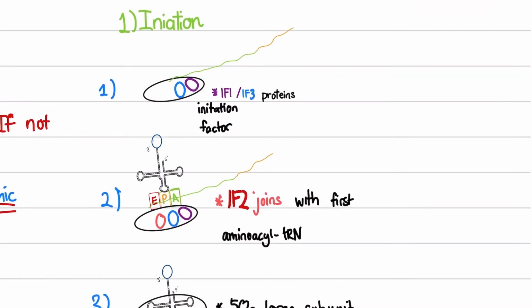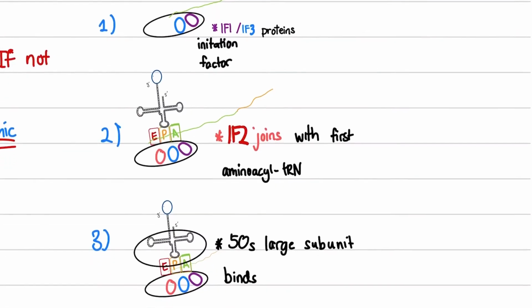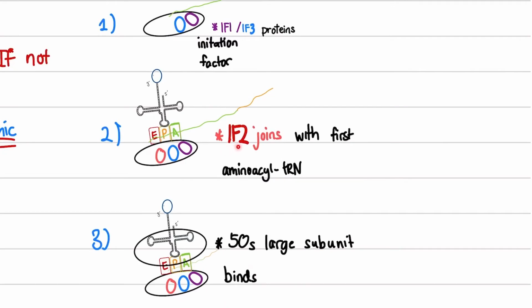For initiation, we first have the small ribosomal subunit. IF1 and IF3 proteins will bind to the small ribosomal subunit, and with this the mRNA attaches to it as well. The second thing that happens is the IF2 factor joins with the first aminoacyl tRNA.